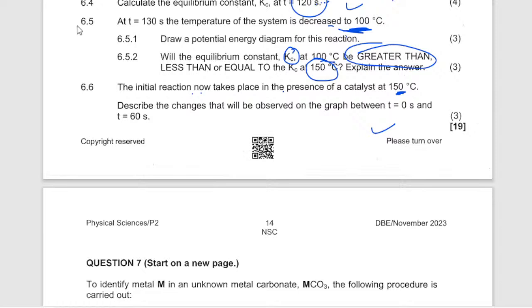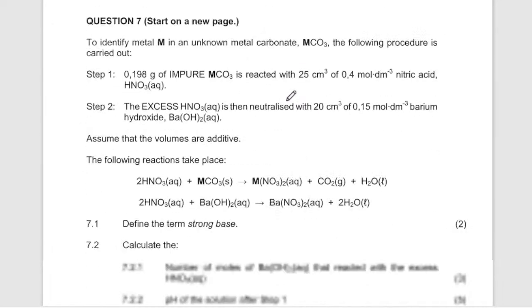Then we go to the next question, which involves calculations. Yeah, it involves good calculations. Okay. Question 7.